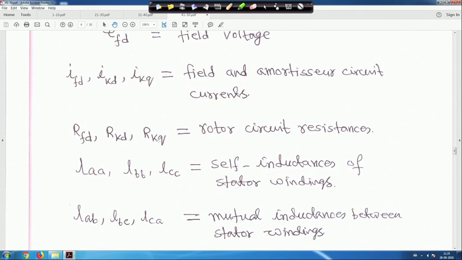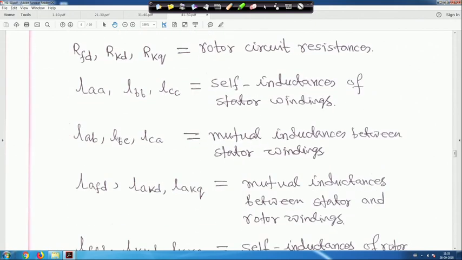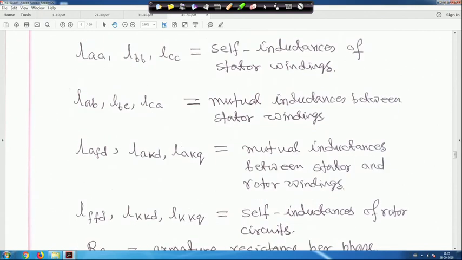Then small l AA, small l BB, small l CC are the self inductances of the stator windings. Small l AB, small l BC, small l CA are the mutual inductances between stator windings. LAFD, LAKD, LAKQ are the mutual inductances between stator and rotor windings.